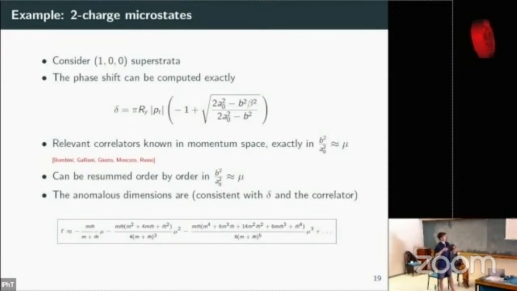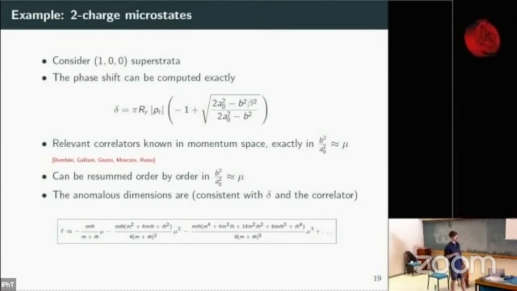And we also have access to the relevant heavy-light correlators, thanks to Rodolfo, I guess. And we know them, not in closed form, but at least exactly in mu, so you have access to all of the playground you want. And with some effort, you can at least get closed form expressions perturbatively in mu.